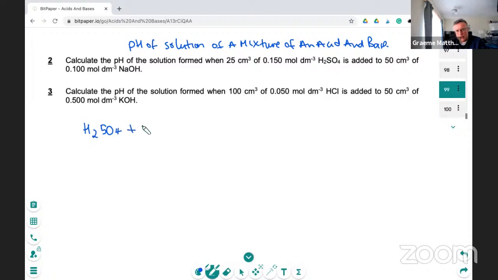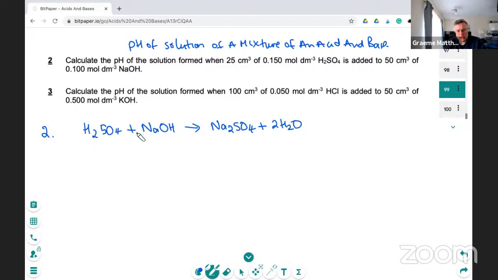The very first thing I'm going to do is write a balanced chemical equation. This is question 2. From GCSE chemistry, you know this is going to give sodium sulfate and two waters: acid plus base gives you salt plus water.